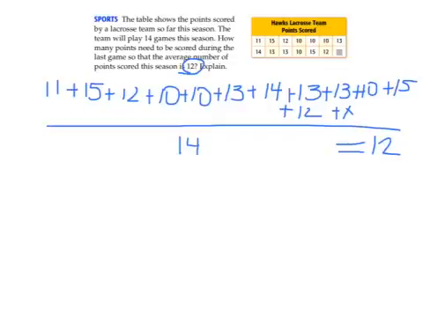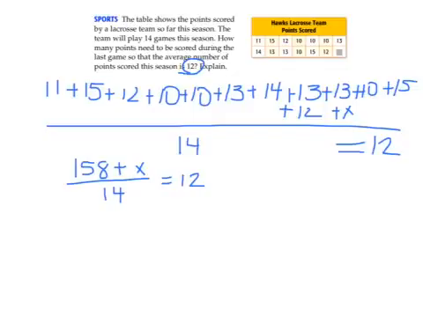So next step is to add all those numbers together. When we add all those numbers up, you should get 158. So I have 158 plus x divided by 14 equals 12.